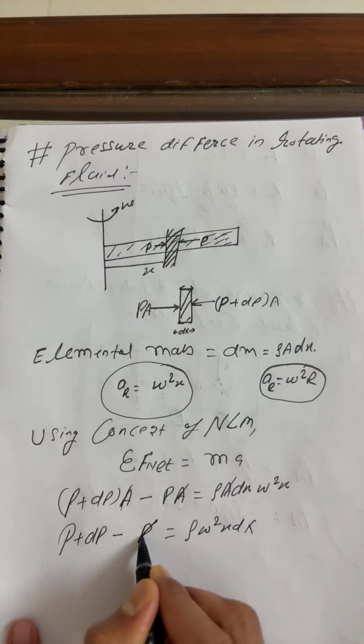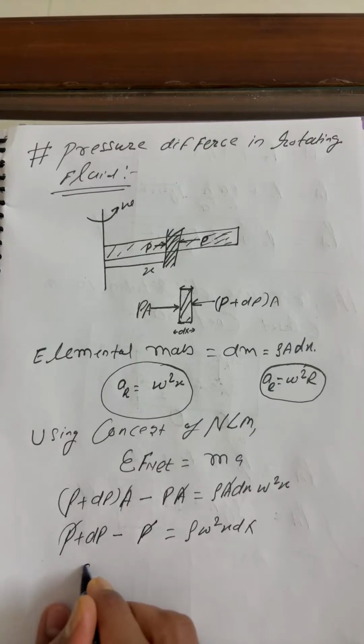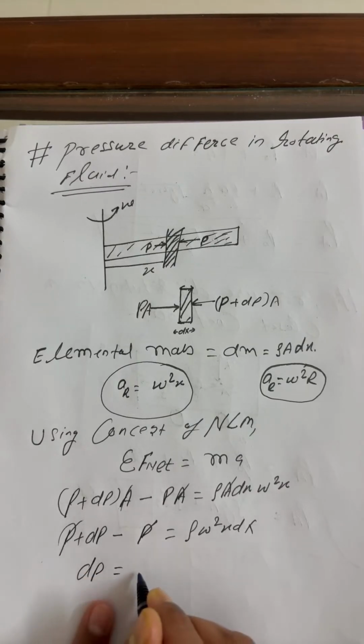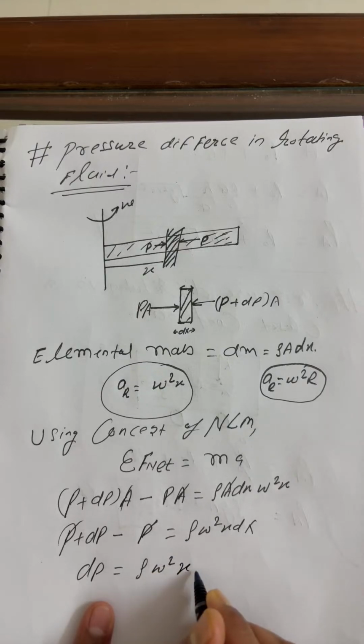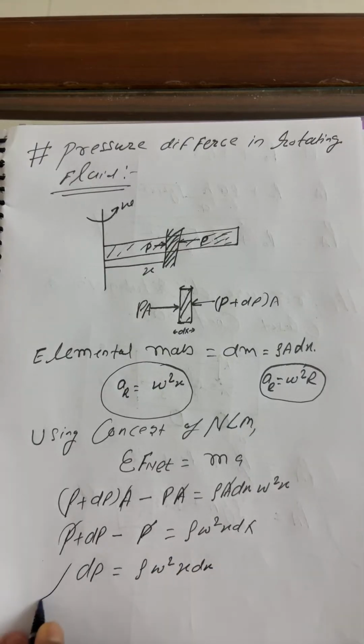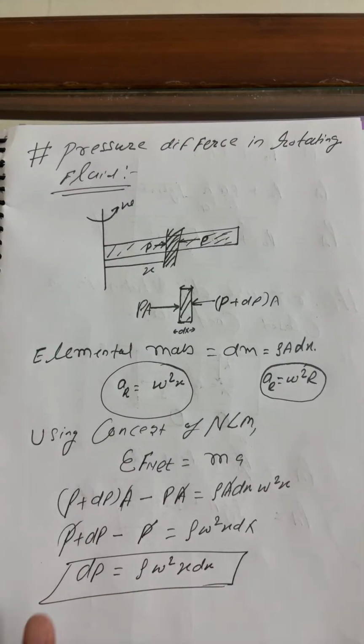The P cancels, so dP is equal to rho omega square x into dx.